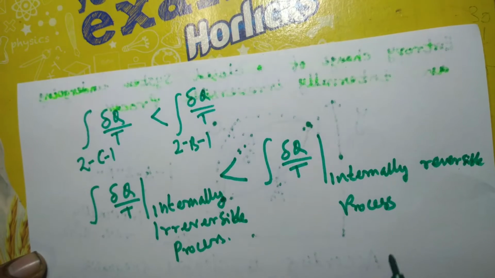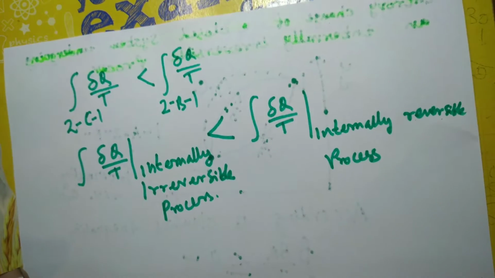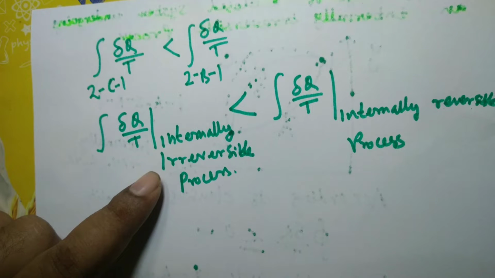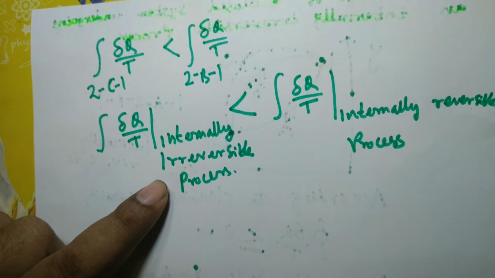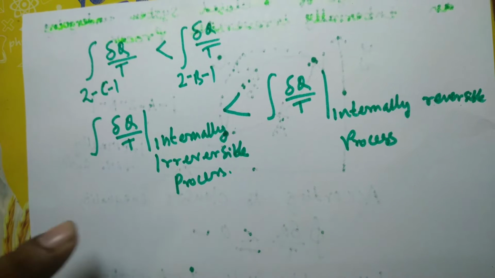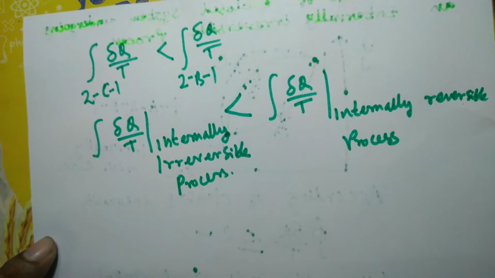Between two given states, if you evaluate this integral, the integral evaluated along the irreversible process will always be less than the integral evaluated along the reversible process between the same end states.